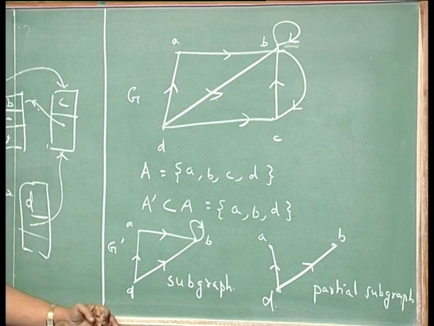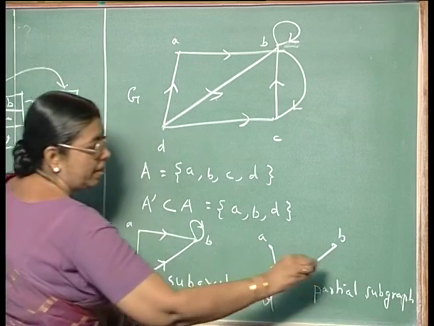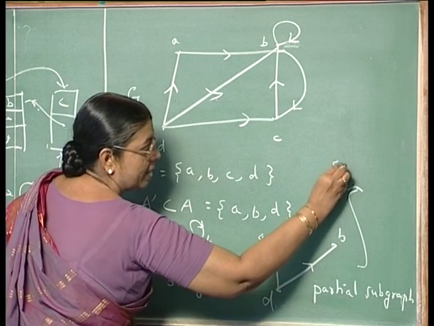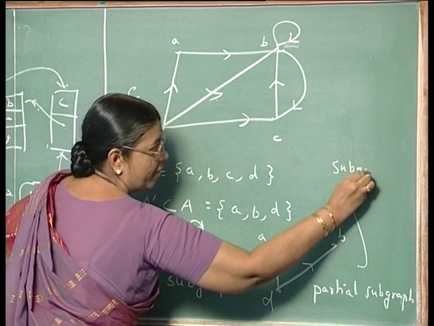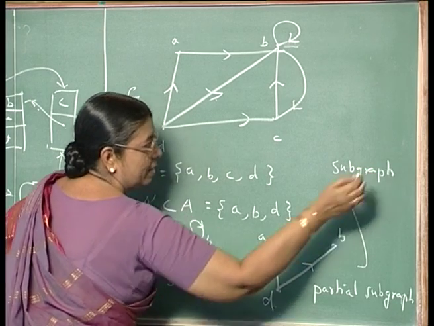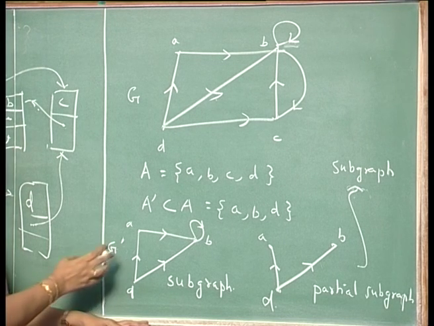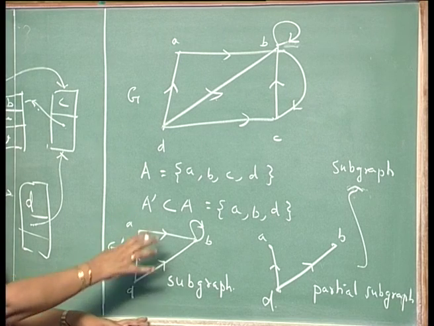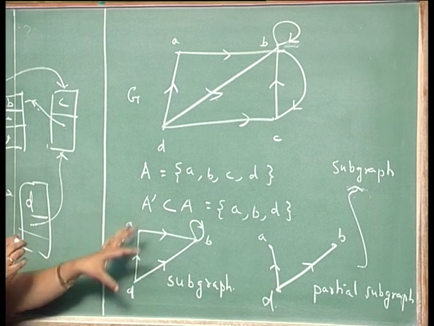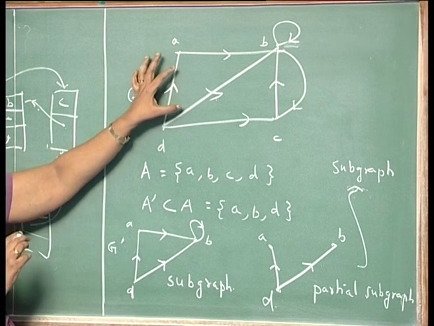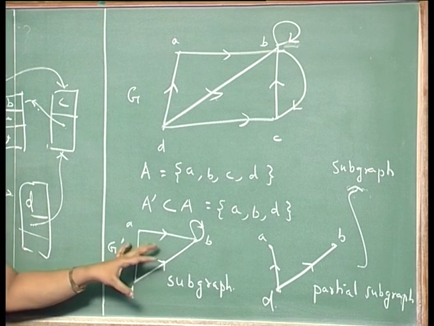In some other books this will be called a subgraph. You can take any subset of the vertices and any subset of the edges incident on those vertices. And here you have the subset of the vertices, but whatever edge was incident on them in the original graph is definitely present here.